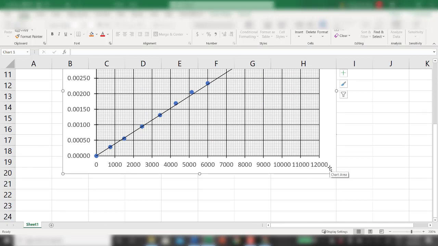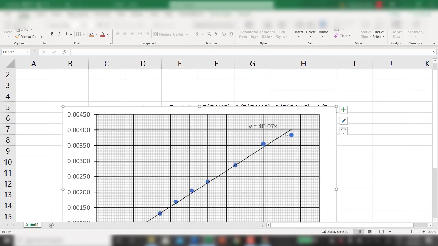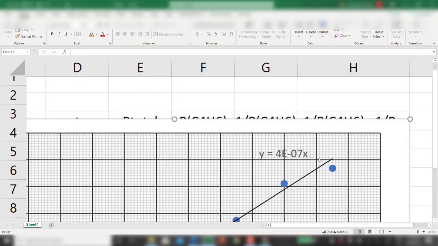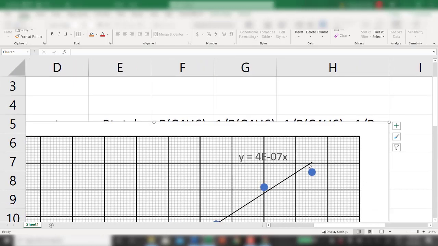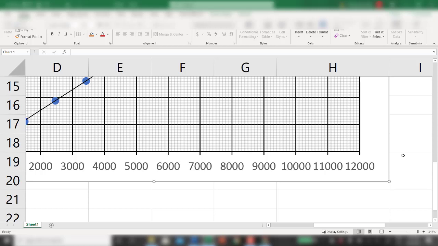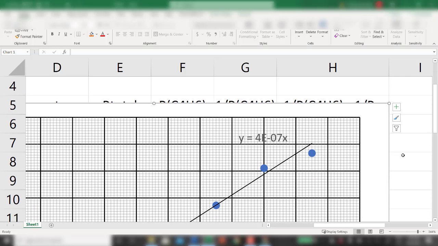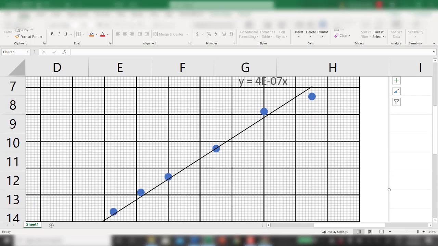No, it's 100. Let's zoom a bit more. That's 10,450. Yes, 10,450.